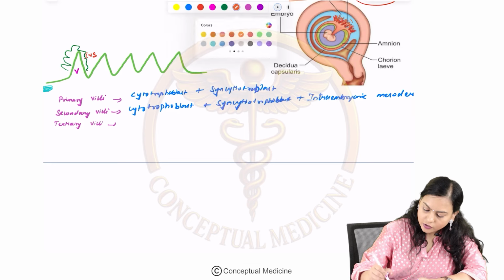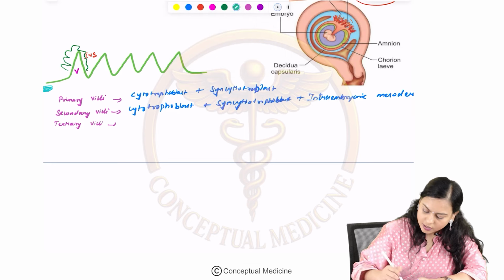So during the formation of the secondary villi, this intraembryonic mesoderm also comes like this. This is secondary villi.